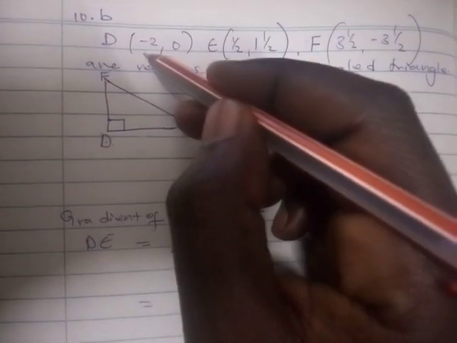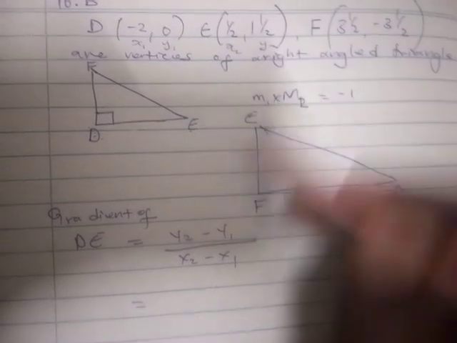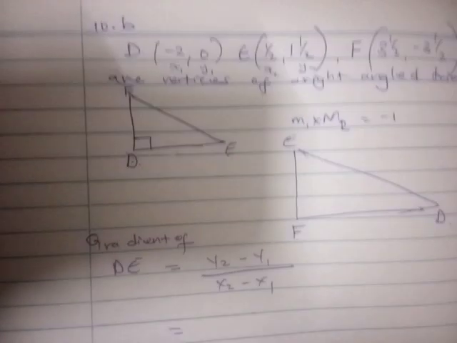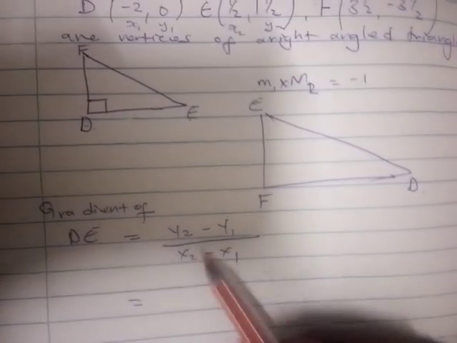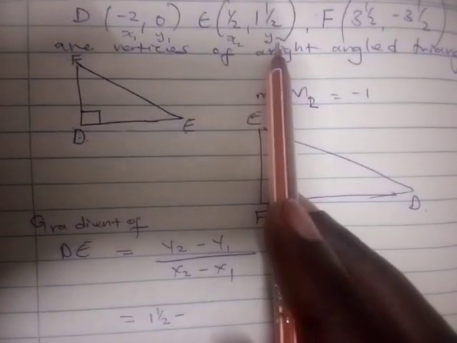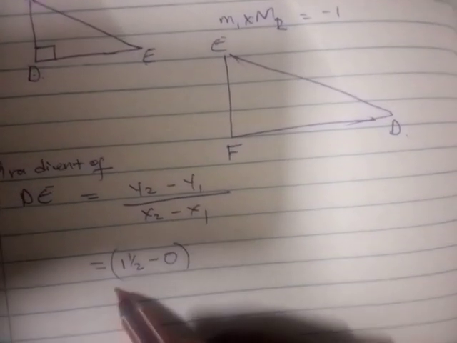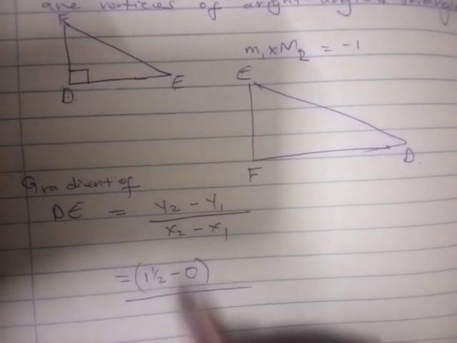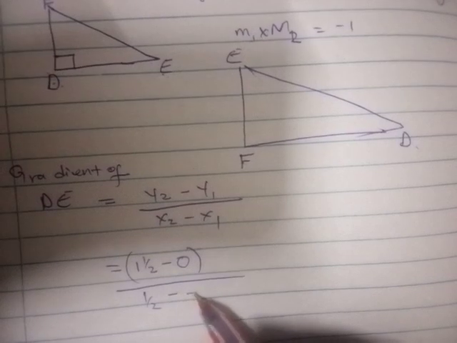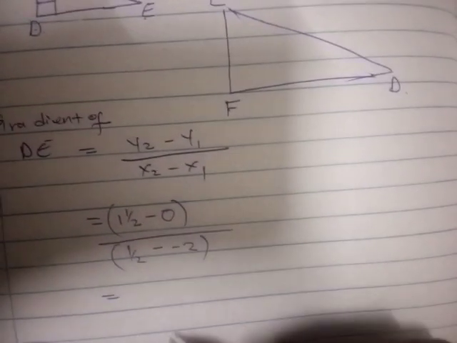So if this one is DE, then this one is x1, y1, this is x2, y2. So I substitute in here to get the values. For y2 it is 1.5 minus y1 which is 0, out of x2, which is a half, minus x1 which is negative 2. So minus negative 2. You have to put it in a calculator and get the answer.